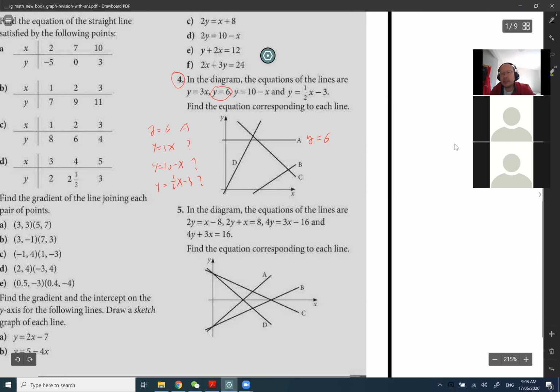Have a look at the graphs. Message me 3 letters.